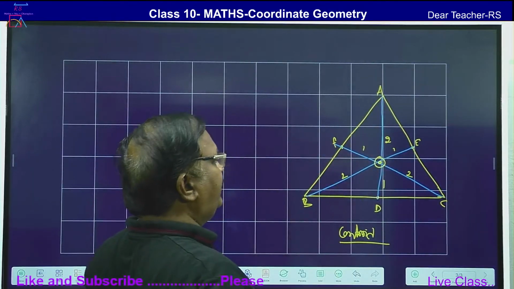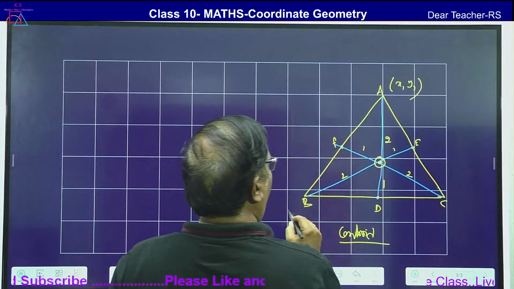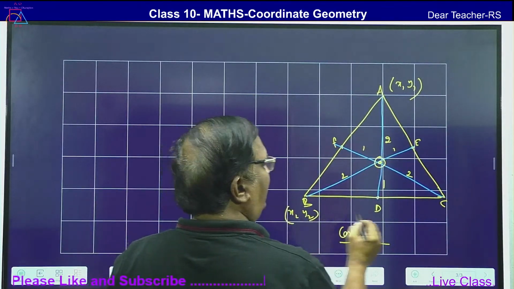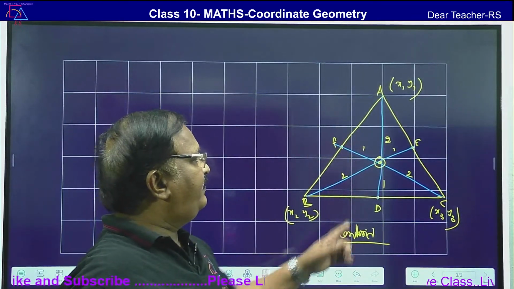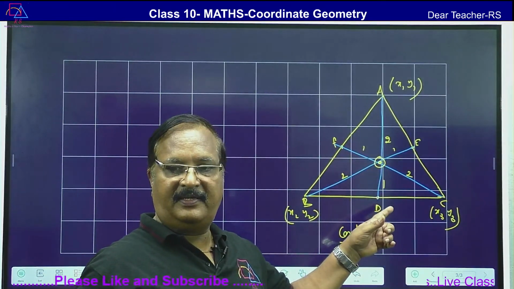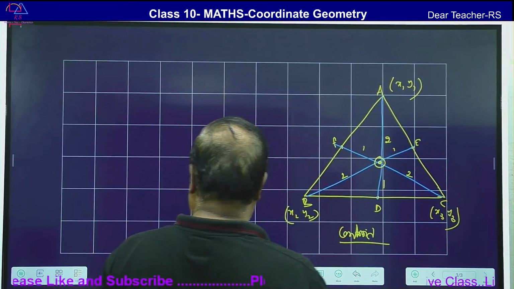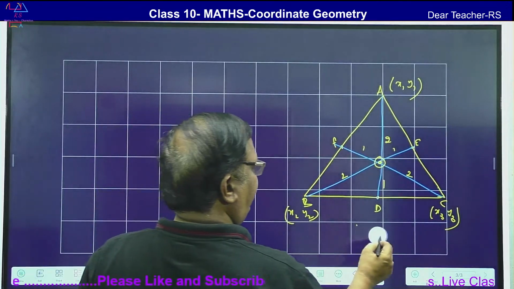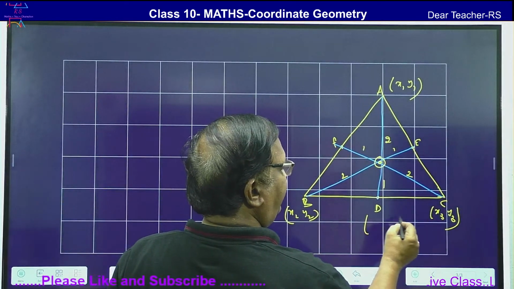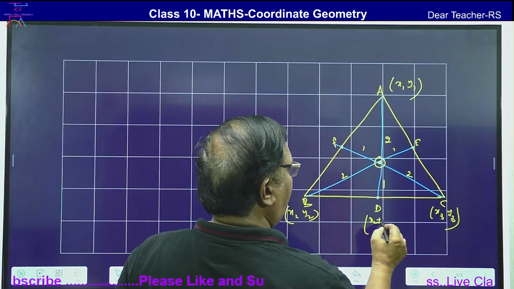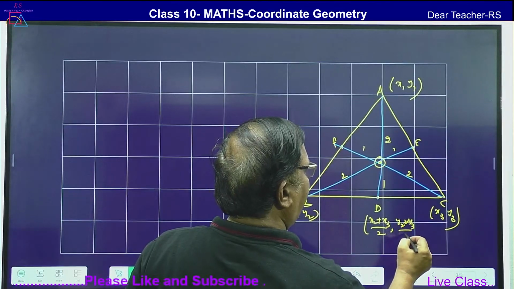Now if the vertices are x1, y1, x2, y2 and x3, y3, you can find the coordinates of D. D is the midpoint of BC, because AD is the median. So the coordinates of D are x2 plus x3 by 2, y2 plus y3 by 2.